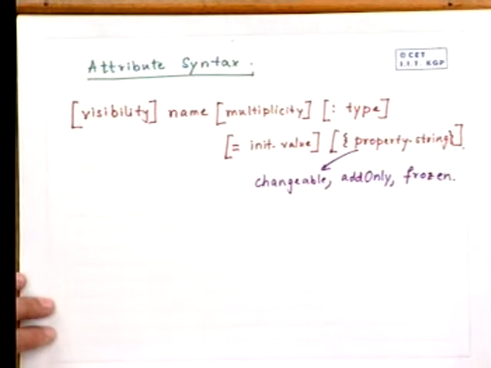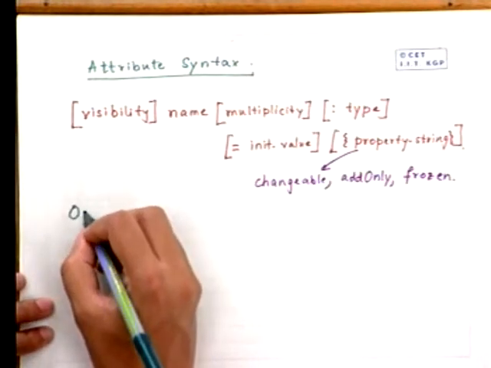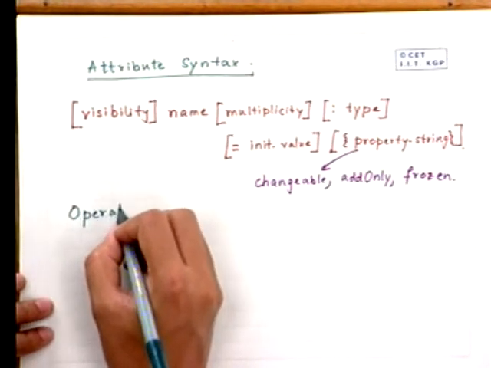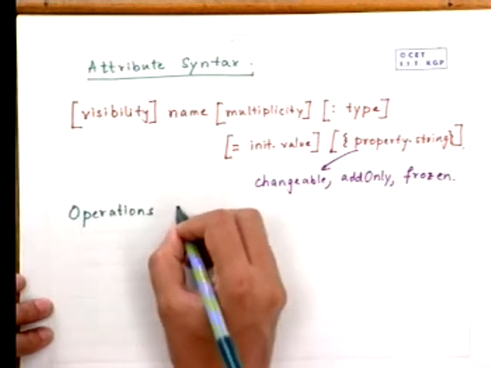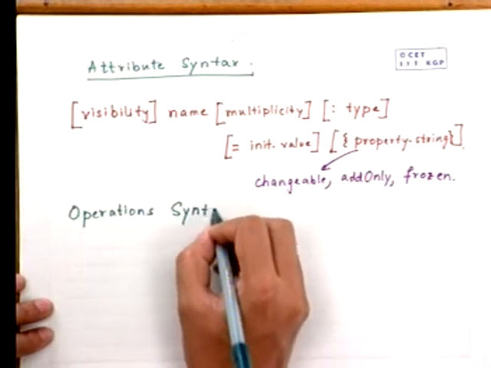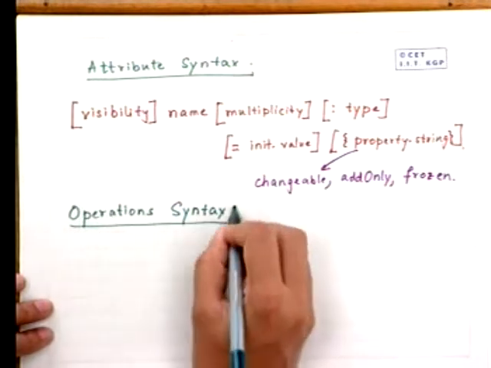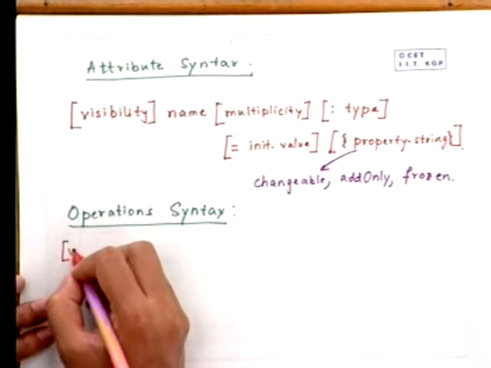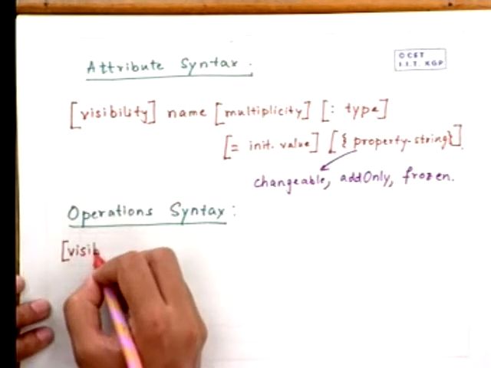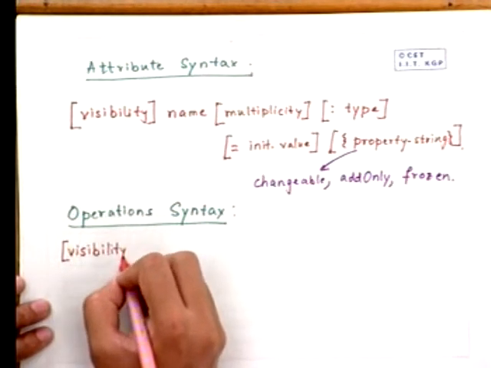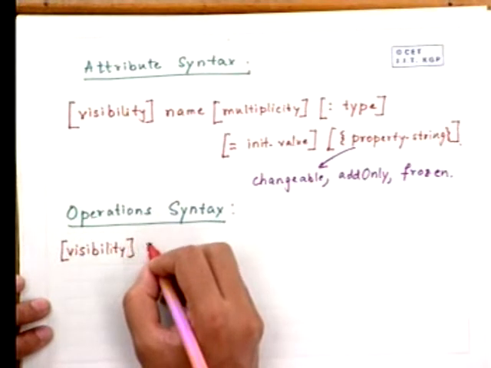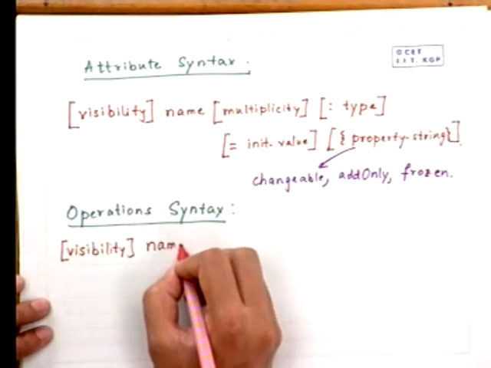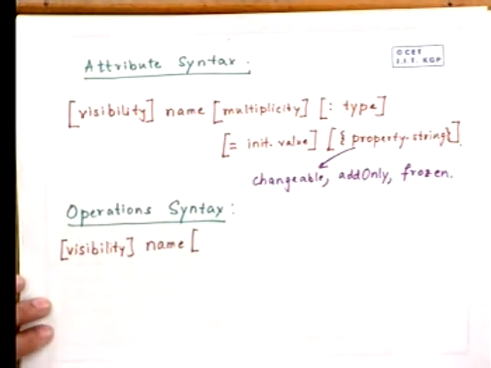Now, let's look at the syntax of operations. Again, we can have visibility, which is optional, followed by the name, which is compulsory, followed optionally by the signature of the operation.